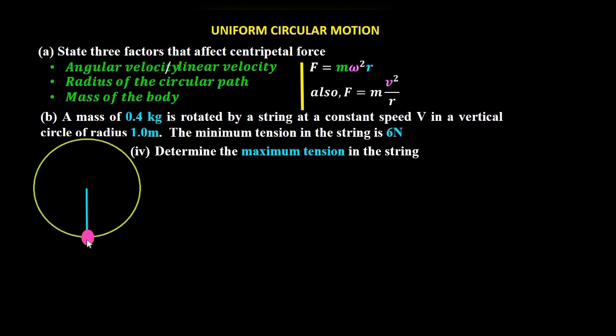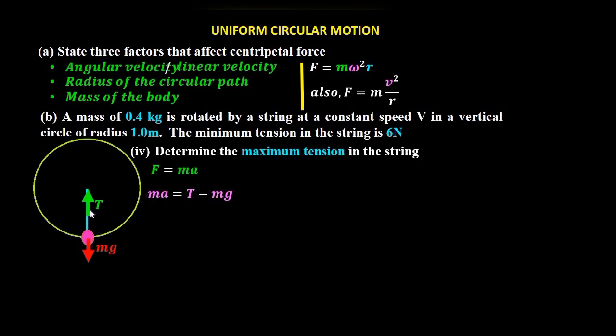We have its own weight, which is given as mg, and we also have the tensional force acting in that particular direction. And from Newton's second law of motion, the resultant force ma, which is the centripetal force, will be equal to tension minus mg.